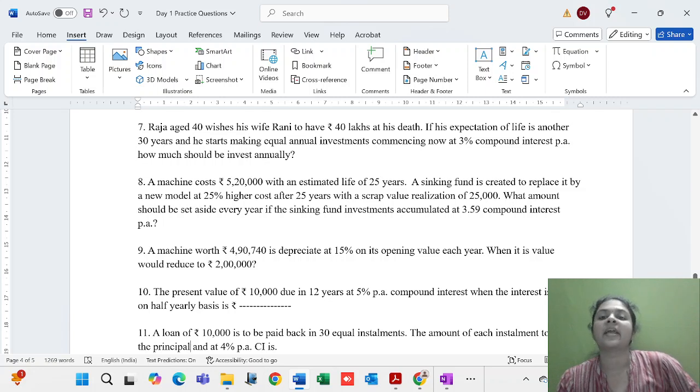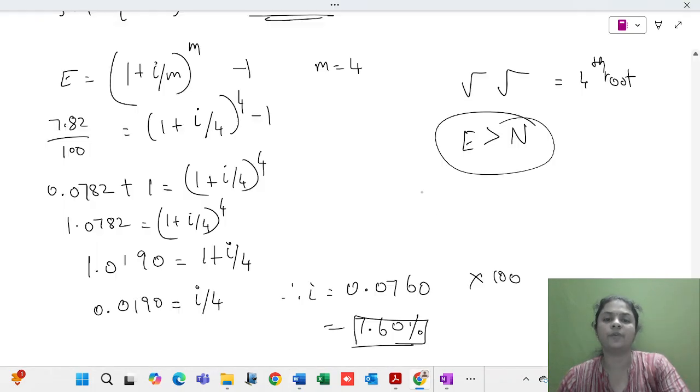Future value. If his expectation of life is another 30 years, so n is equal to 30, and he makes equal installments commencing now at 3% compound interest, how much should he invest annually? So first thing, what is the value 40 lakhs given? 40 lakhs given is the future value.